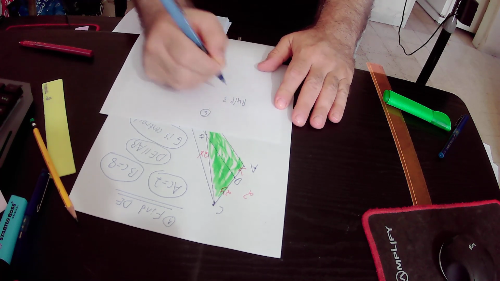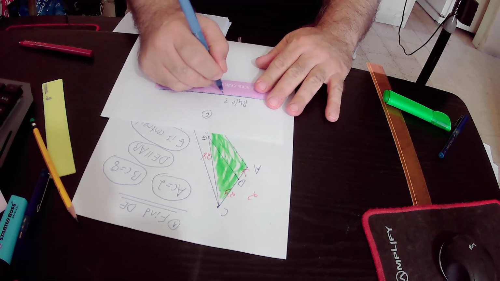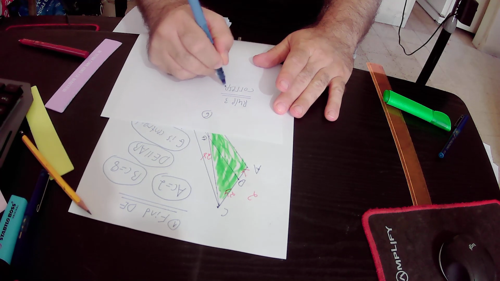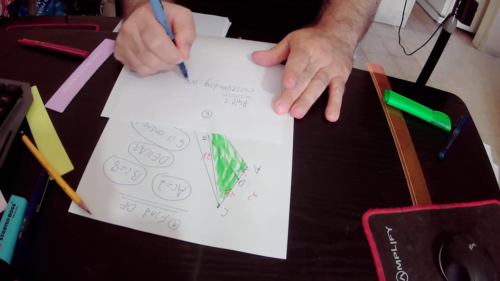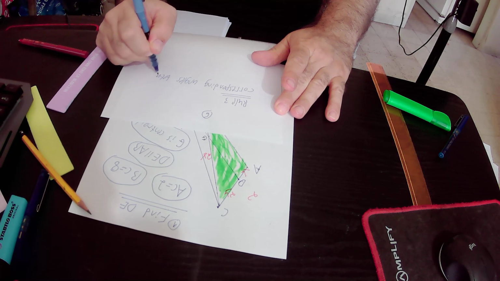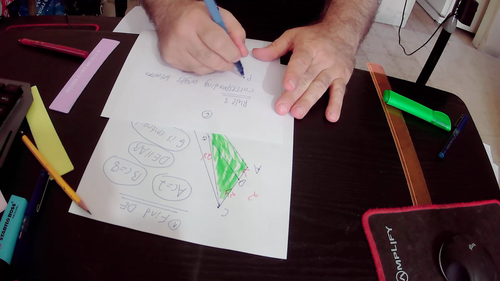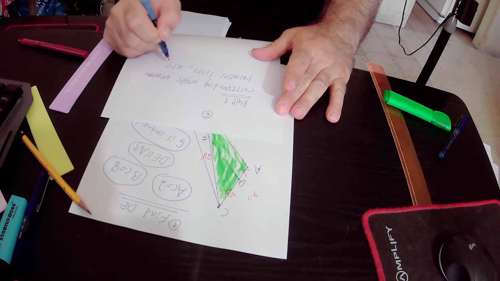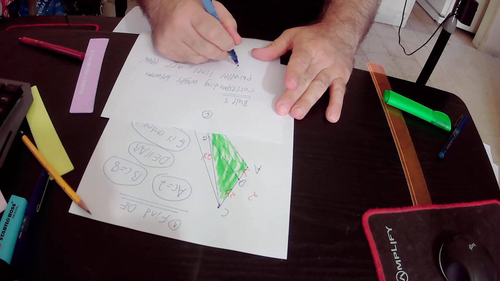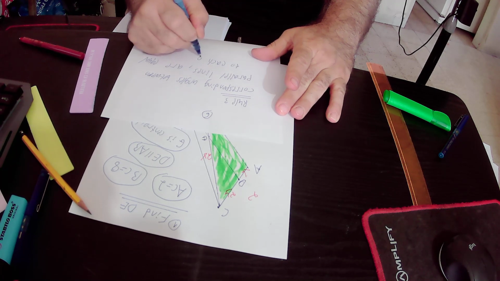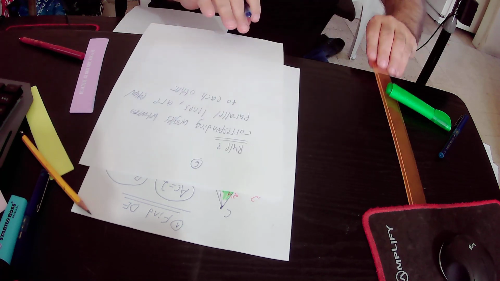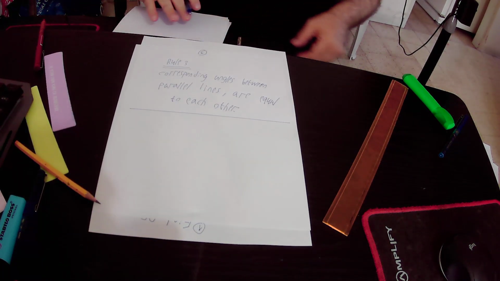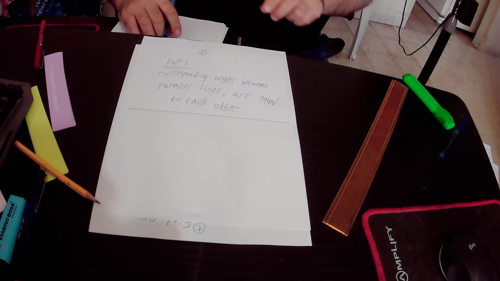I will read rule number 3 again: corresponding angles between parallel lines are equal to each other.